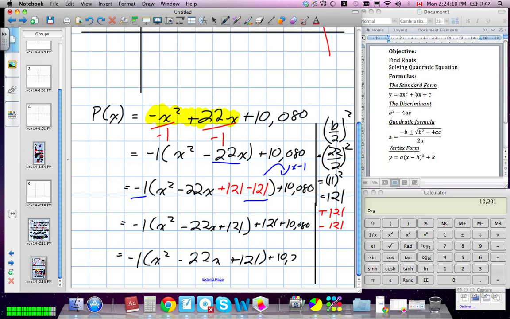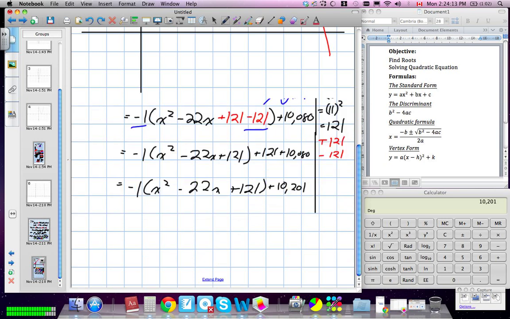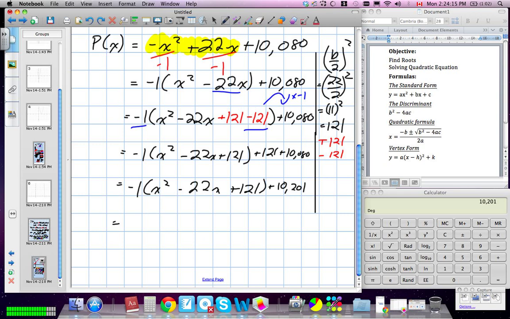Now remember the fastest way to factor will be to find the square root of the first and last term and bring down the operation in front of b. So in brackets squared, the square root of x squared is x, and the square root of 121 is 11. We bring down the negative sign.